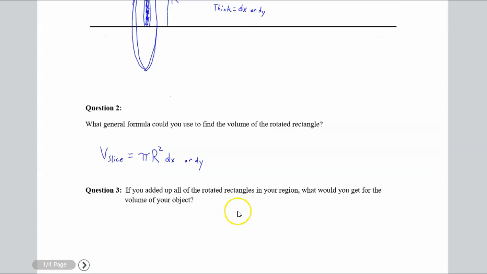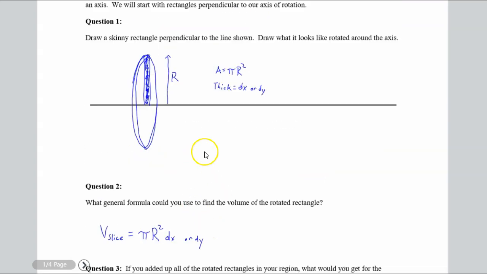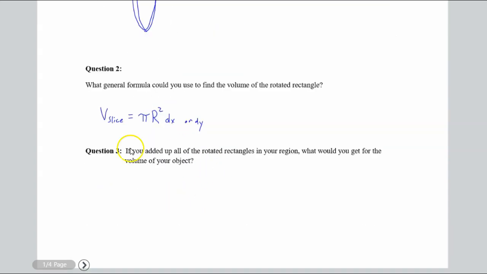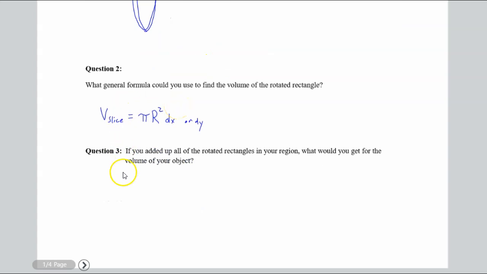Then if we add all these rotated rectangles up across a region, what would I get for the volume of an object? What we're trying to do is look at what happens as we add up a whole bunch of these. Well, this is going to be an integral of pi r squared dx, or like I said, dy.